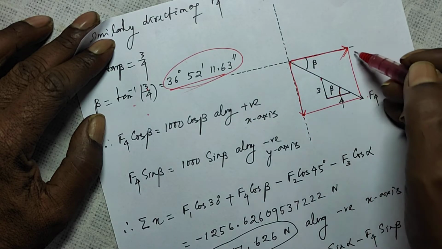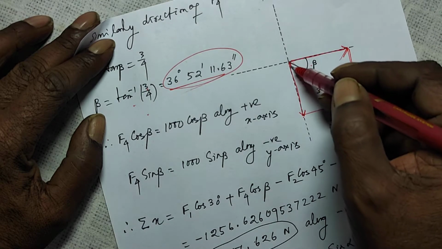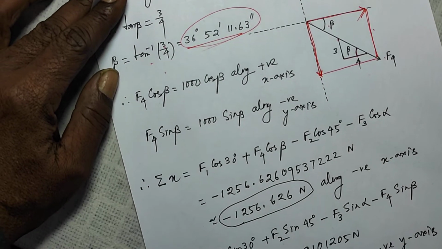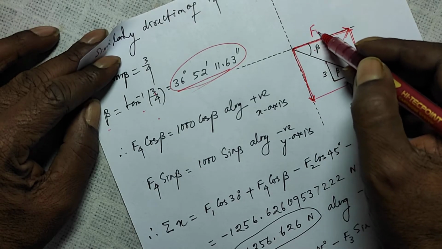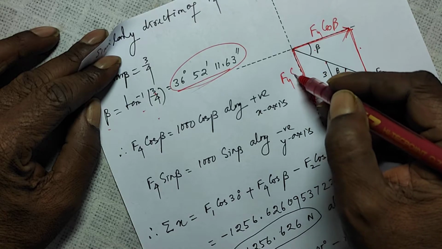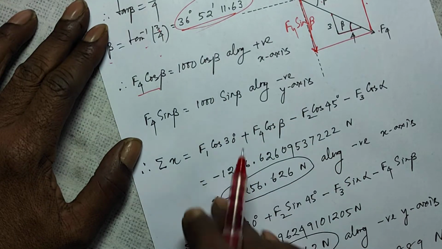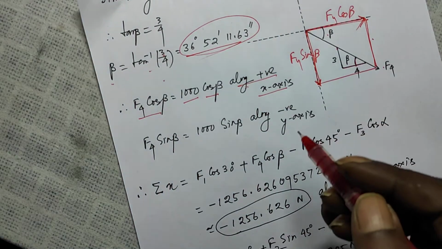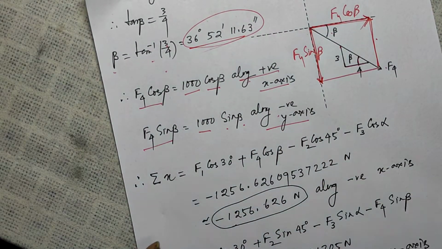And the side facing the angle will be in sine term, so this will be F4 sin beta. Putting the value of F4, 1000 cos beta is along positive x-axis, and 1000 sin beta is along negative y-axis.